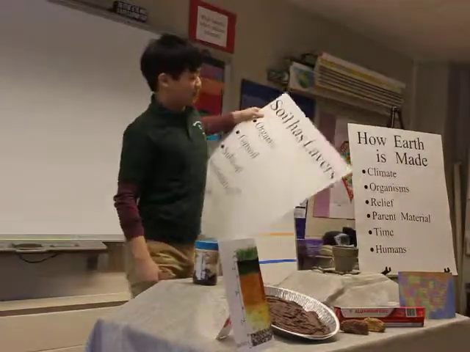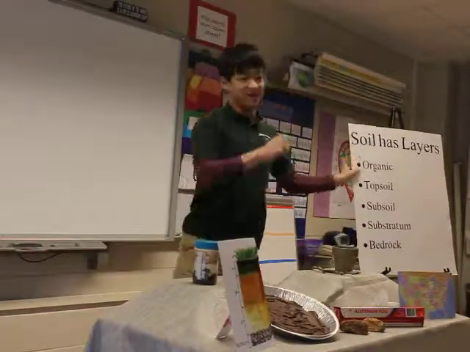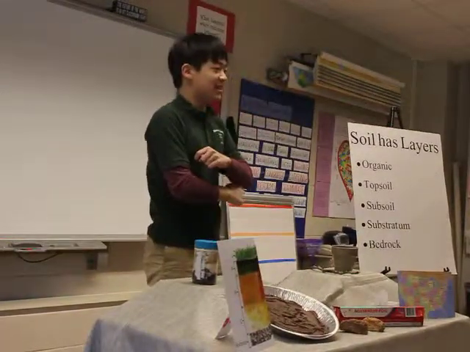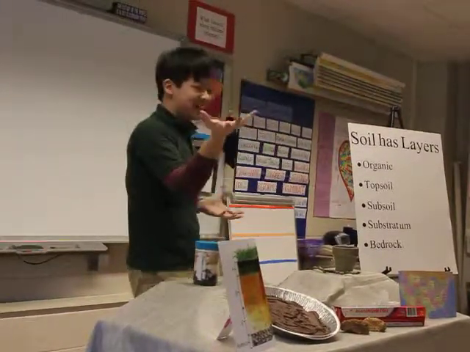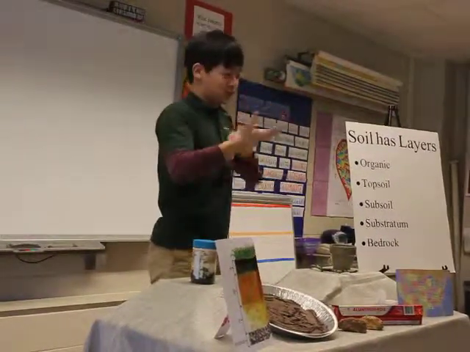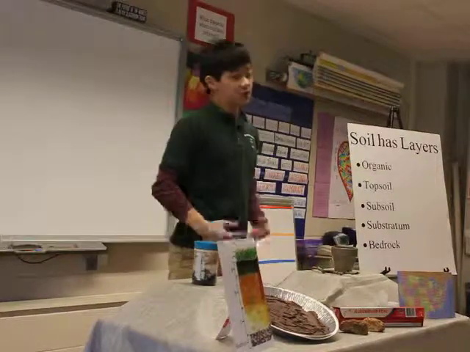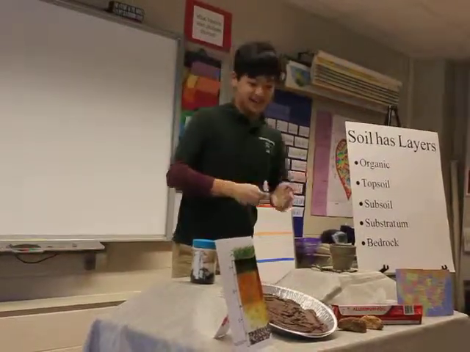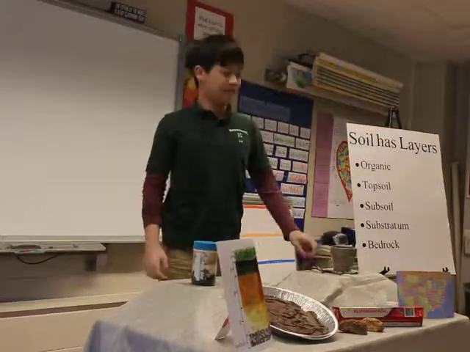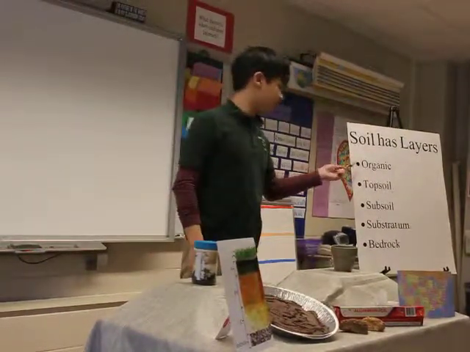There's a lot more to soil than most people might realize. For example, soil is like an onion, because they both have layers. Actually, a more technical term for this would be soil horizons, making up a soil profile. The horizon at the very top is the organic layer.